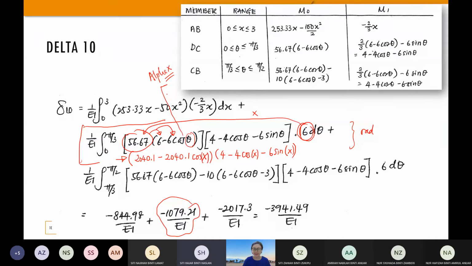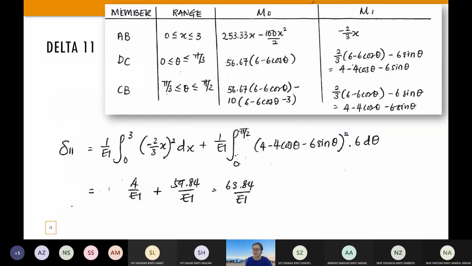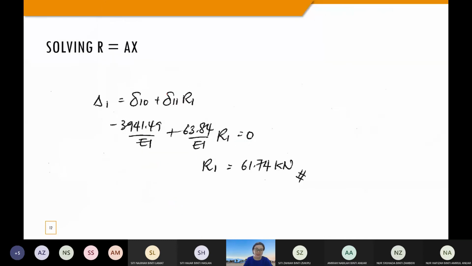Yes, madam. Okay, so now we know the steps to solve this arch problem. At the final stage, you shall be able to solve the compatibility equations and get your R. Please, I need to remind you again and again, you need to know what R means.